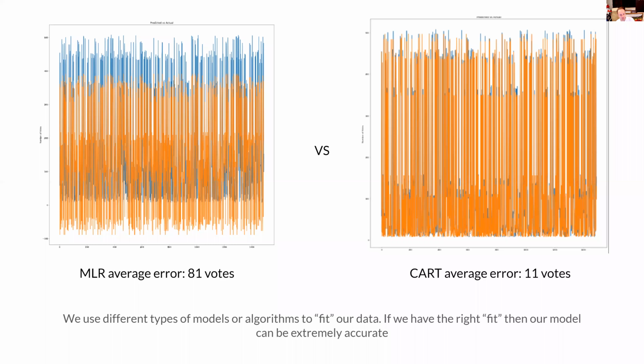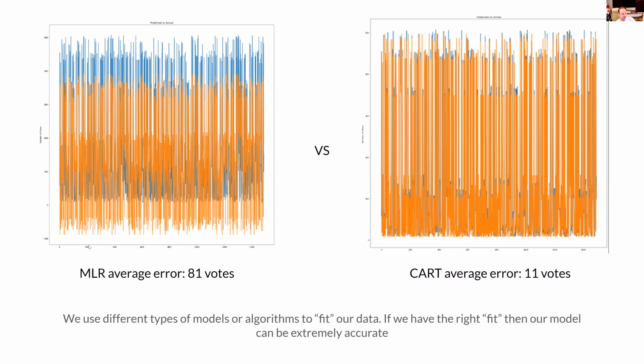We can use different types of models or algorithms to try to fit our data. Basically, we're trying to make our prediction look as close to the actual as possible. On these two graphs, the orange is our predicted values, and the blue is the actual value.